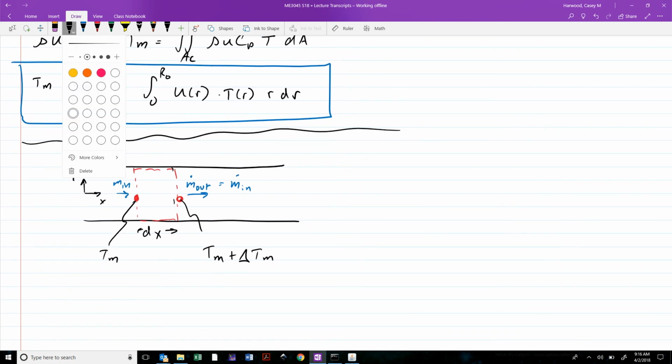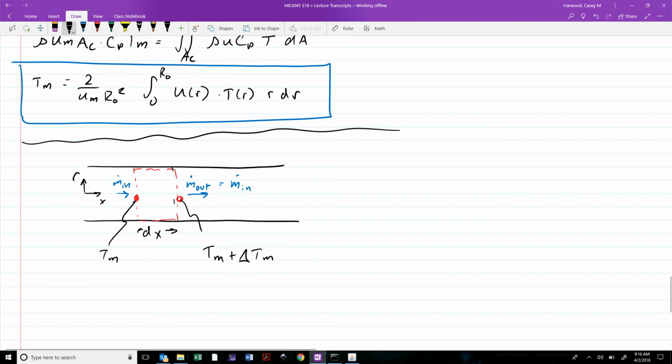Okay, so writing out an energy balance from our first law, we'd say that E dot stored is equal to E dot in minus E dot out plus a generation term. We don't have any energy generation, and we're going to assume that we're dealing with a steady state flow.